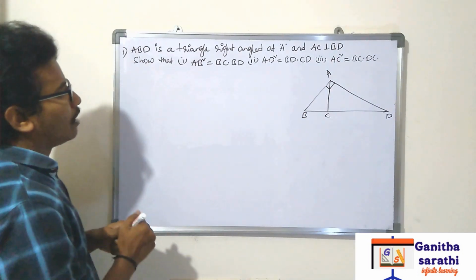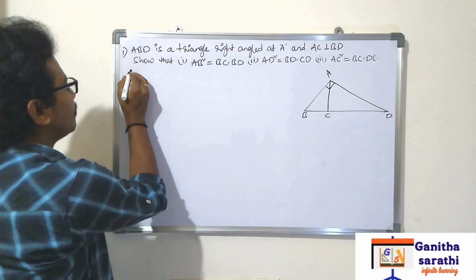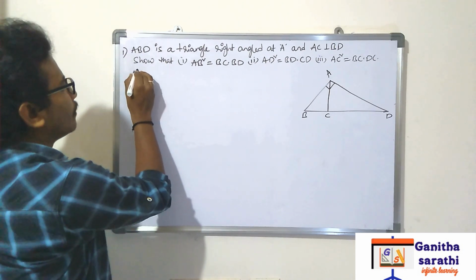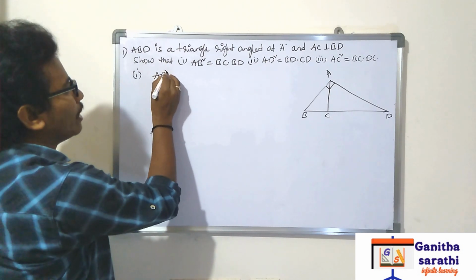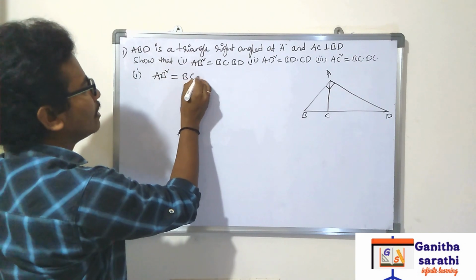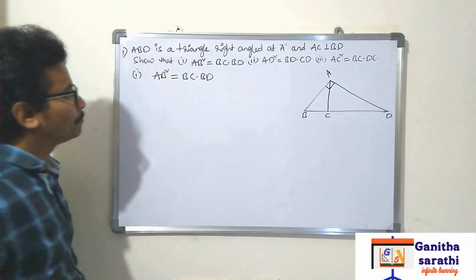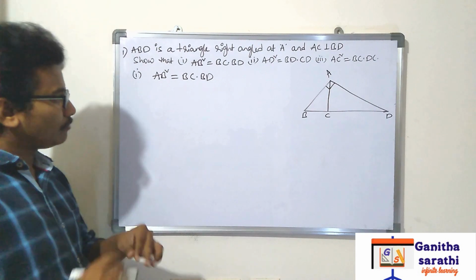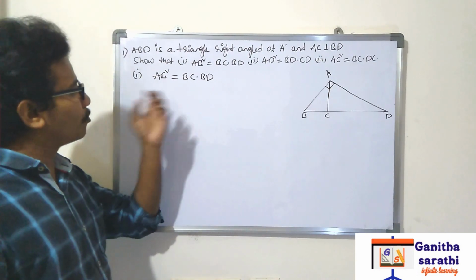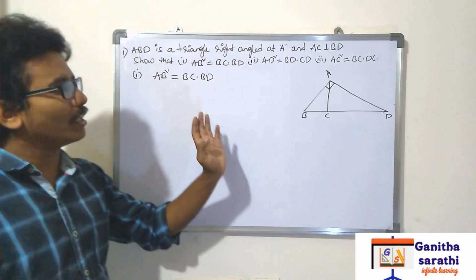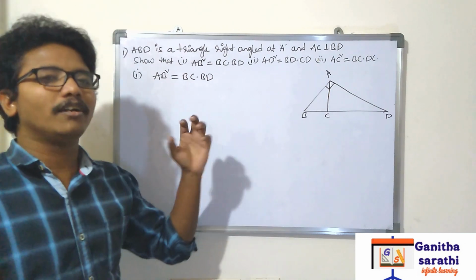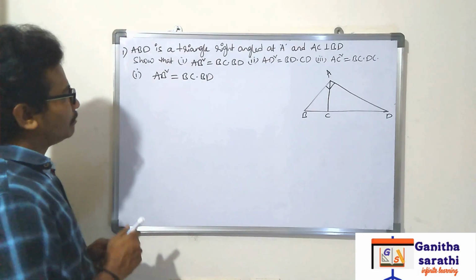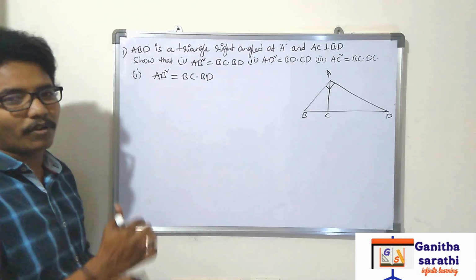Okay. So I am not writing the information. First we will prove the first one. What is the first one? We have to prove that AB square is equal to BC into BD. So see here. First of all, by seeing the sides in the proof, we should take the triangles related to those sides. What is there here?